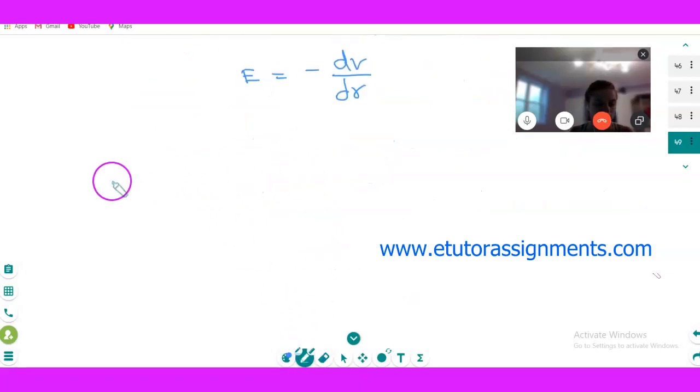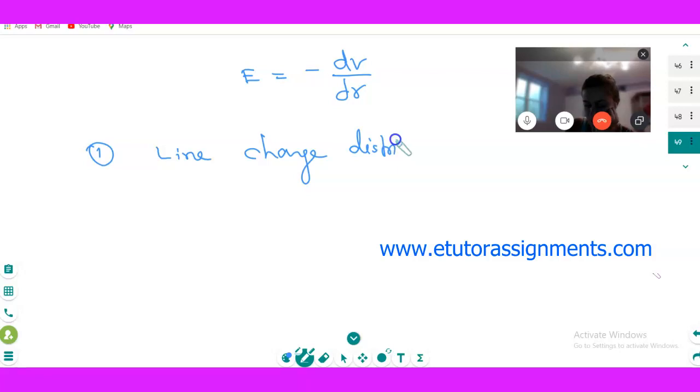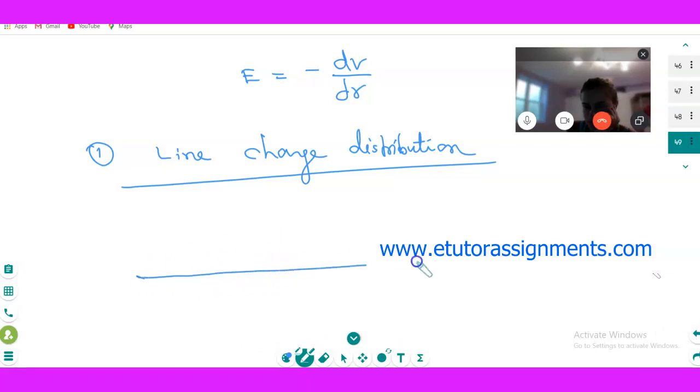There is line charge distribution. What is line charge distribution? It is how charge is distributed. Suppose there is a wire where charge is distributed uniformly.